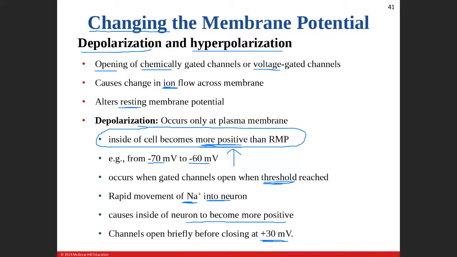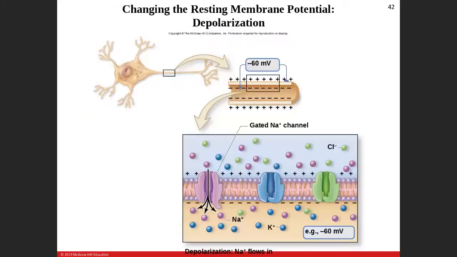You need to know that because when we get into chapter 10 and talk about muscles, it's a very similar phenomenon, and I'll be using depolarization, so please commit that to memory right now. Depolarization is the process of making the inside of the cell more positive. Now you can see what we're talking about in this picture. We are going to depolarize the resting membrane potential.